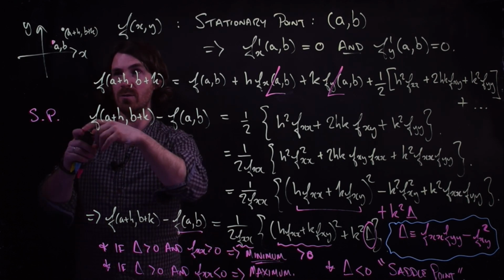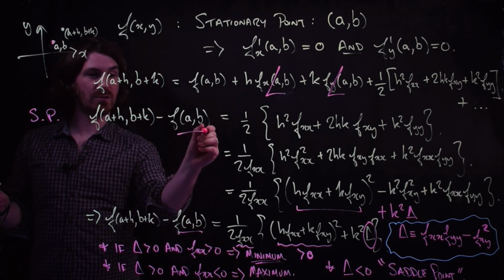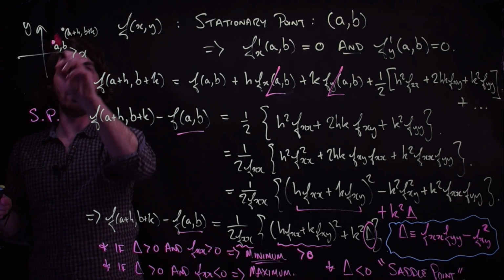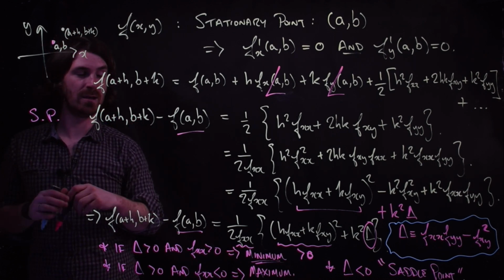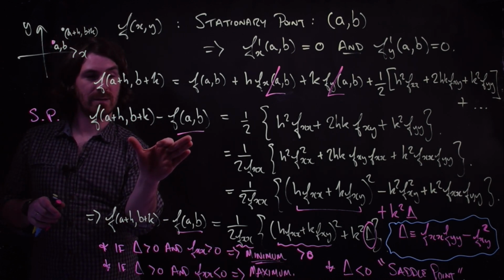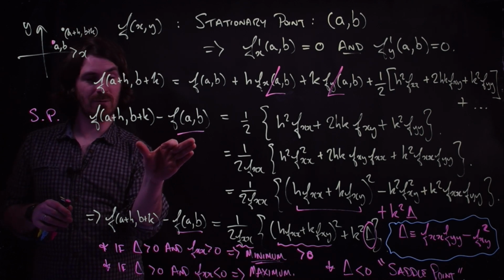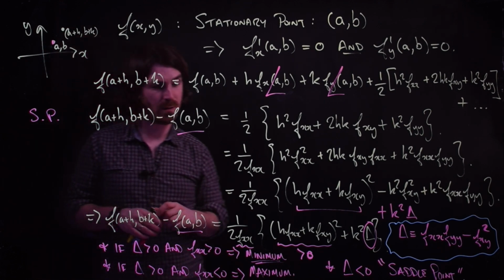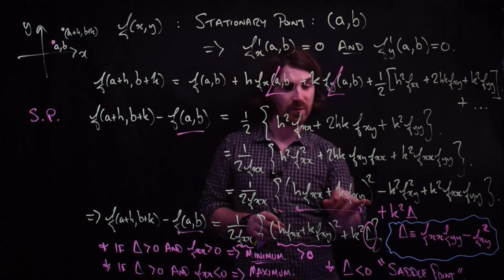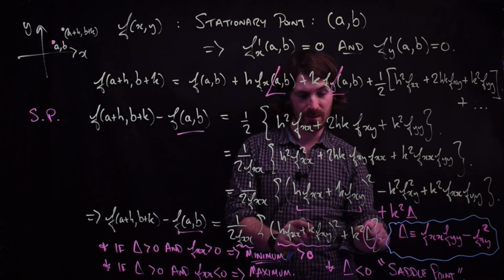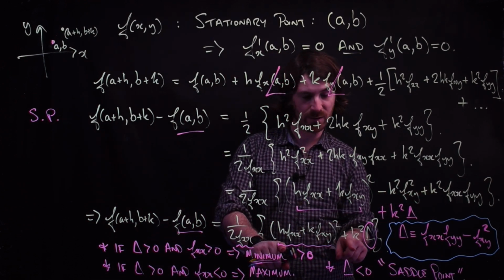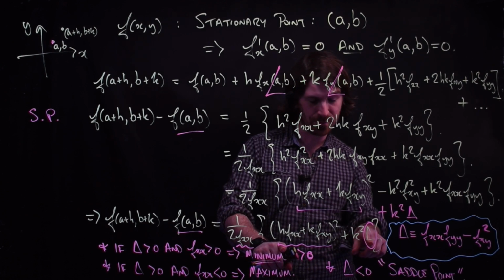So the change in the function is you start at (a,b) and you move to (a plus h, b plus k). And we're asking, is this positive, negative, or something else? We just did a bit of algebra to rewrite this as something squared plus something squared times delta.